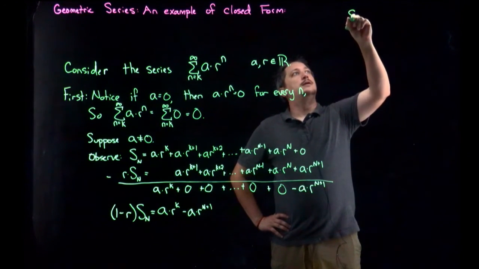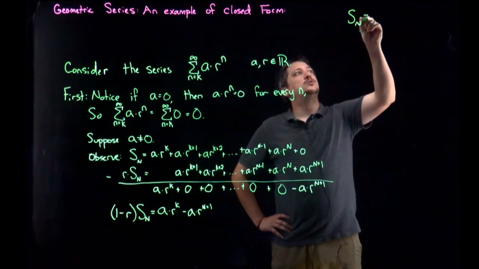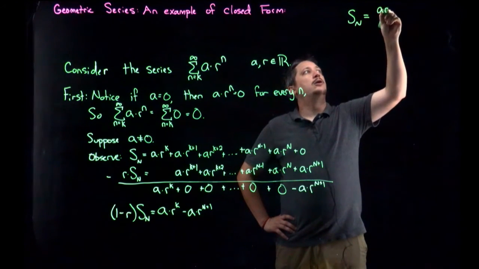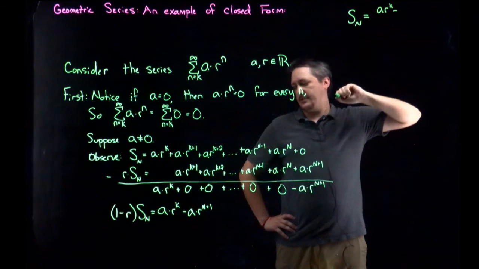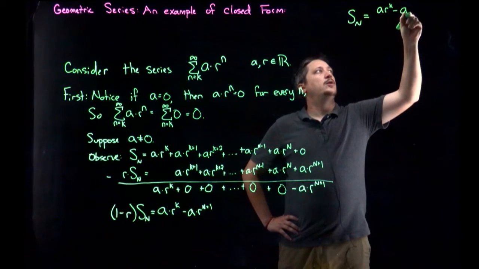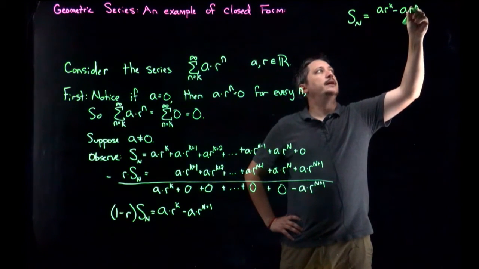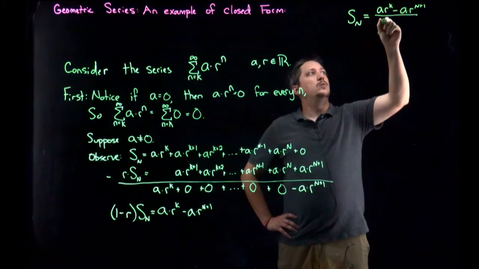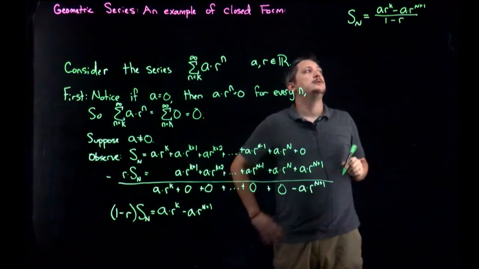So Sn equals (a r to the k minus a r to the n plus 1) over (1 minus r).